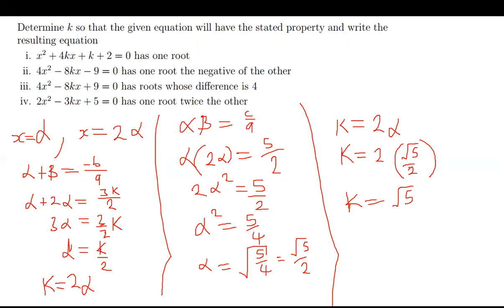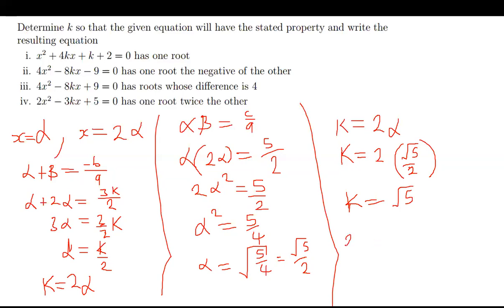So having found the value of k, let us finish this one since it's just the last question. Having found the value of k being the root of 5, the question is continuing to say write the resulting equation. So now you just replace where there is k with the root of 5.